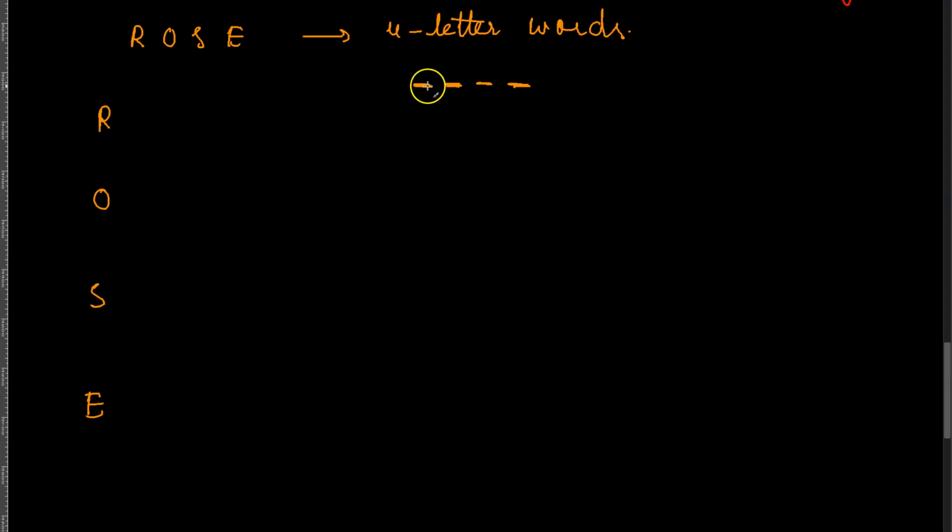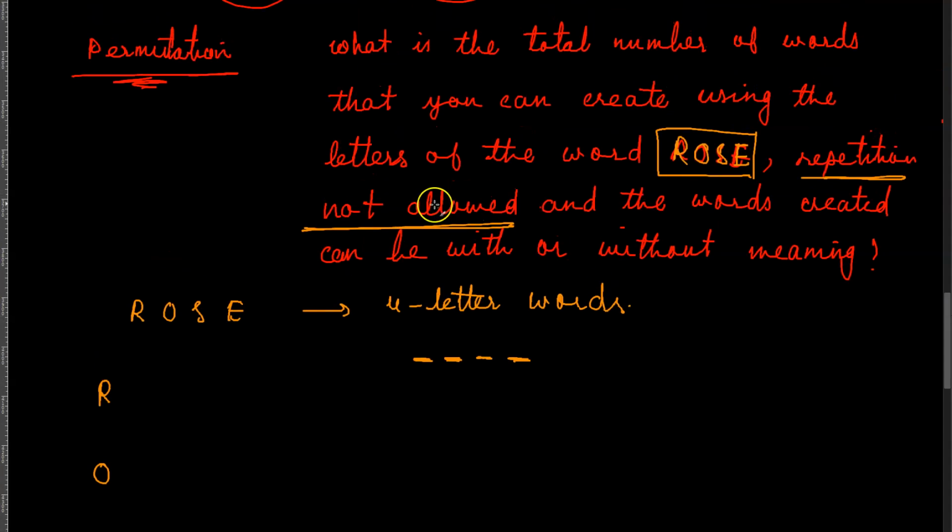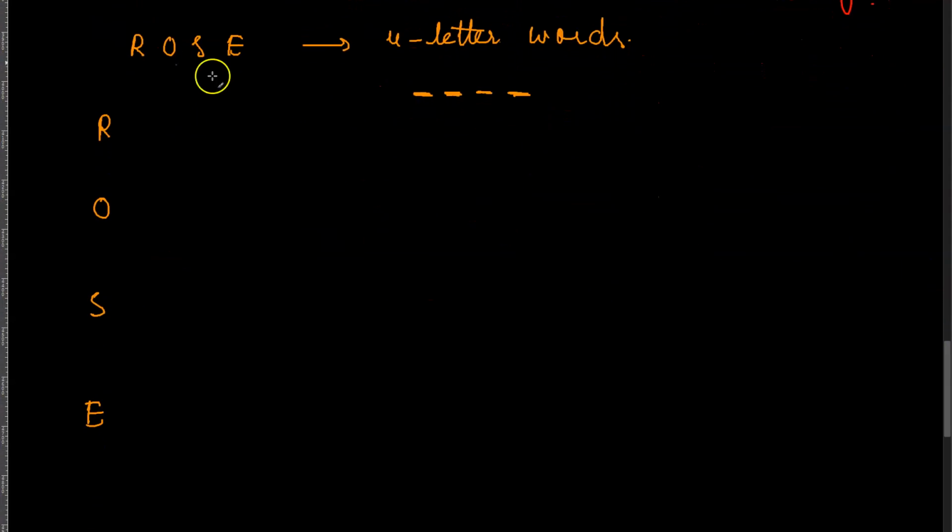If I use R, that means that I have already chosen one of the letters, and since repetition here is not allowed, that letter cannot be chosen anymore. That means that one of the letters has been taken, and so now I have 3 letters to choose.